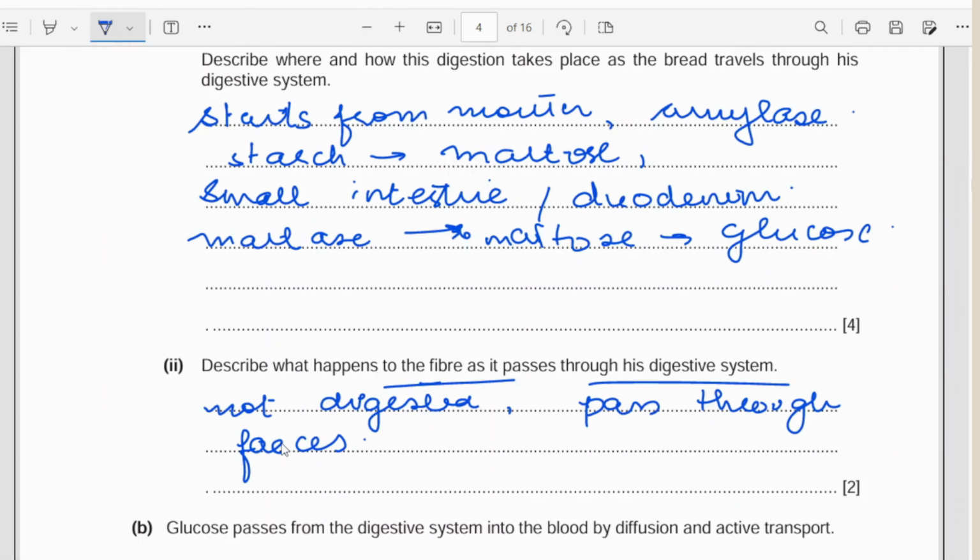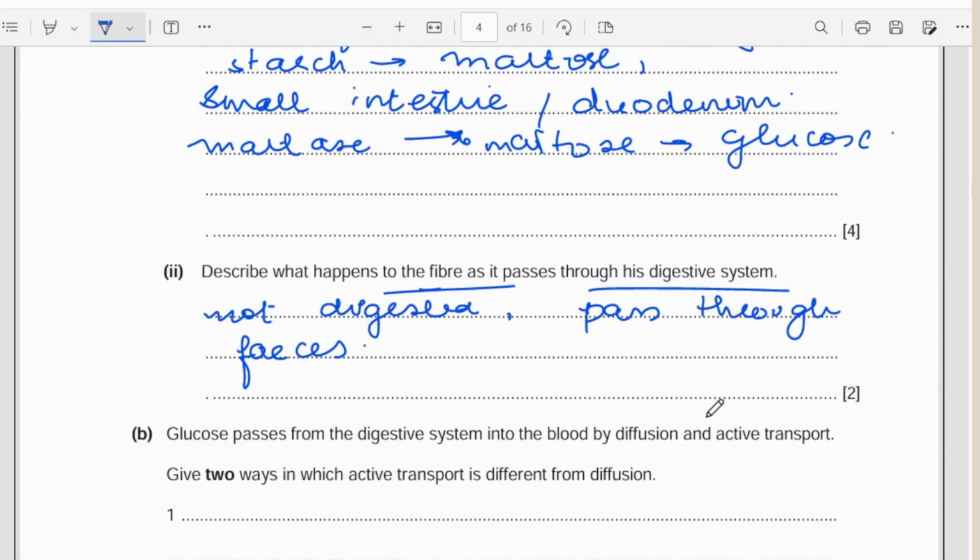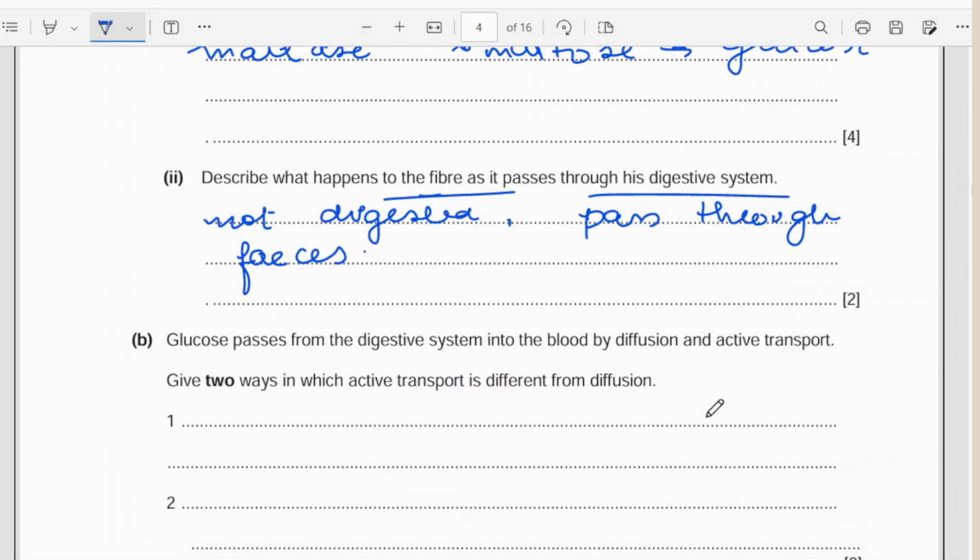Okay, glucose passes from the digestive system into the blood by diffusion and active transport. So, give two ways in which active transport is different from diffusion. Okay, give me 1 minute. Let me explain something. If such a question comes, where the difference is asked, you need to give importance to the first term.